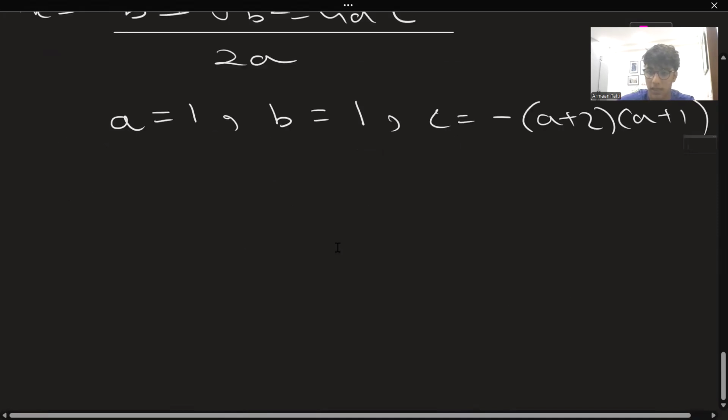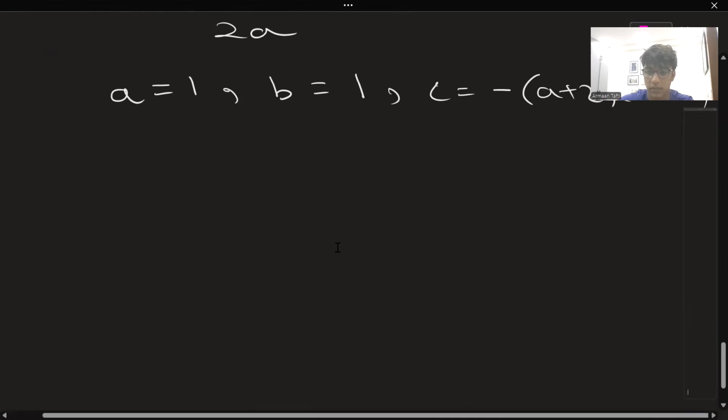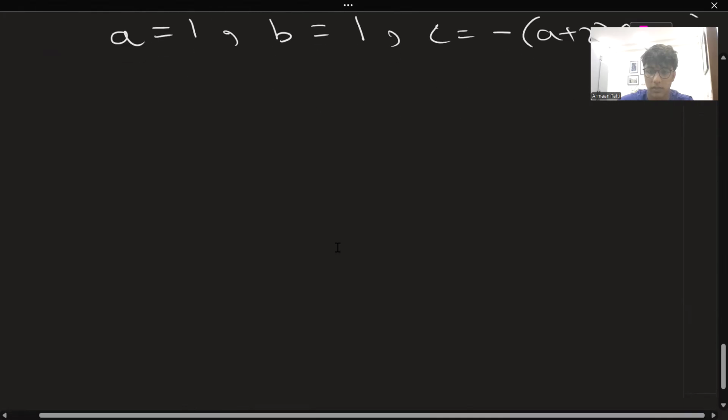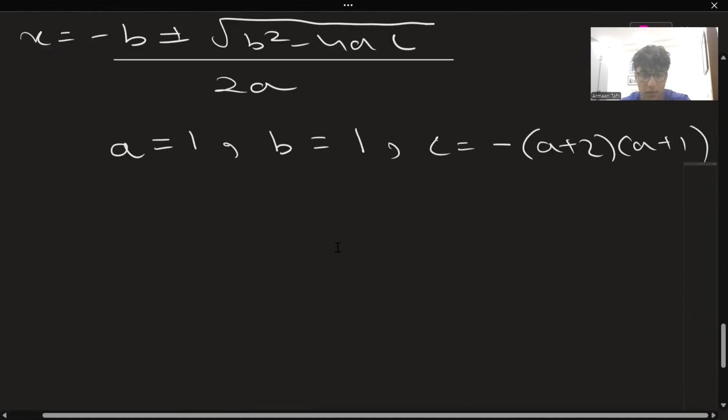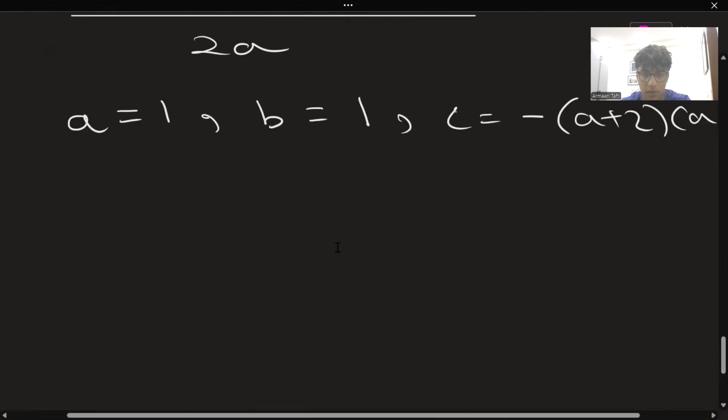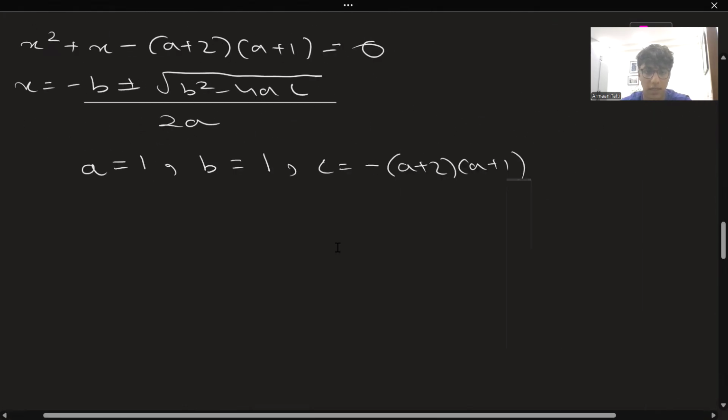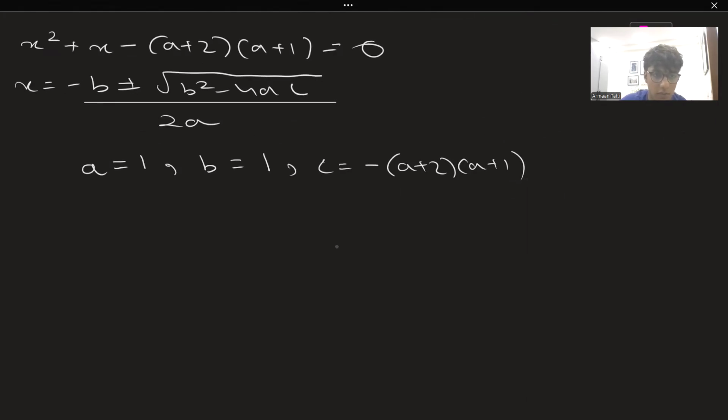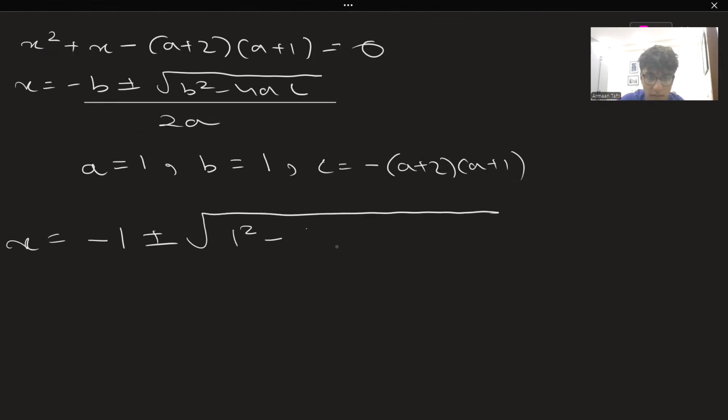We need more space here. Okay, so let's write down the value. So we have x is equal to minus b, minus b is minus 1, plus minus under root of b square, which is just 1 square, minus 4 times a is 1 times c.